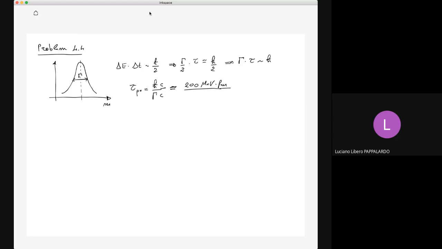In the denominator we have the decay width of the rho, provided by the text, 149 MeV, times the speed of light expressed in Fermi per second, so 3 × 10⁻²³ Fermi per second. Once you do this calculation, you obtain something like 4.4 × 10⁻²⁴ seconds.